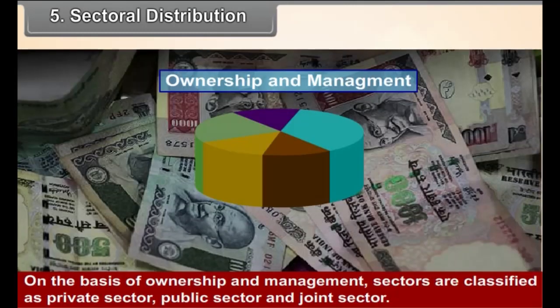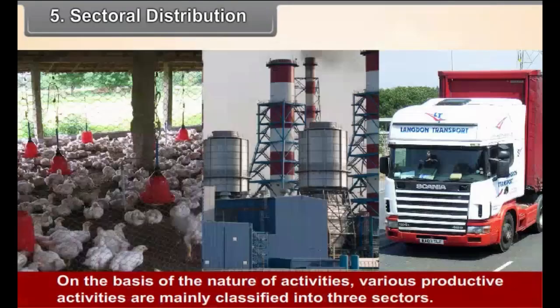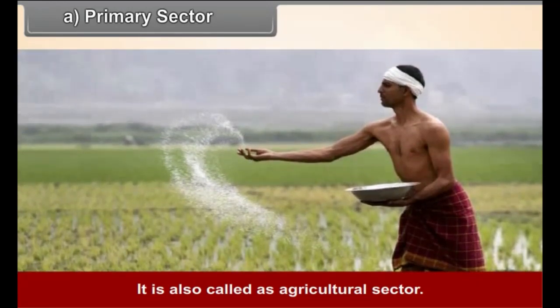5. Sectoral distribution. On the basis of ownership and management, sectors are classified as private sector, public sector, and joint sector. On the basis of the nature of activities, various productive activities are mainly classified into 3 sectors. A. Primary sector. It is also called the agricultural sector.